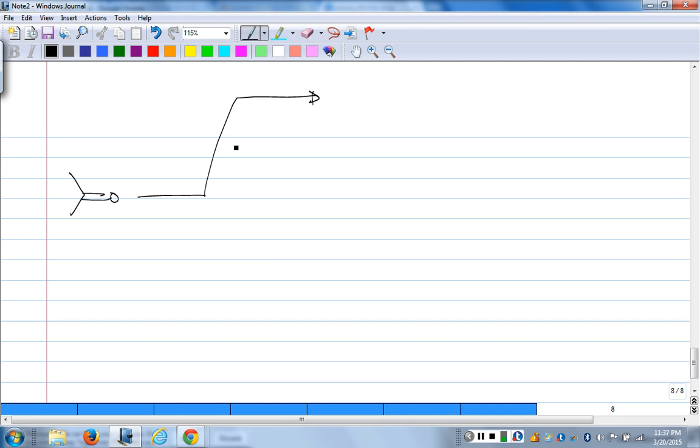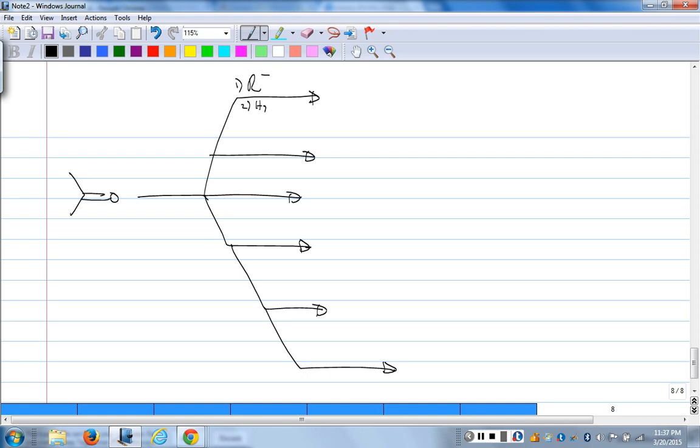So these react with a variety of nucleophiles. They are, as I said, very potent electrophiles, and they can react with a number of species. Among the nucleophiles that they react with are R minus, followed by water, and this is in no particular order.